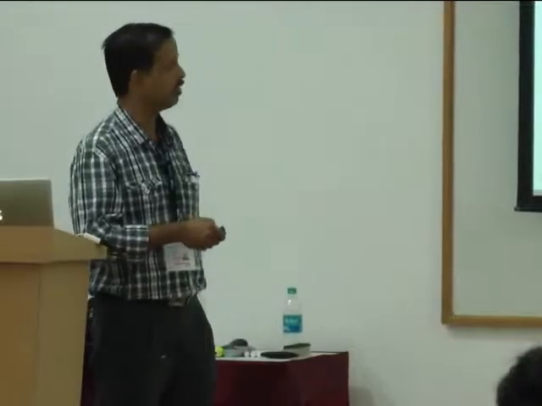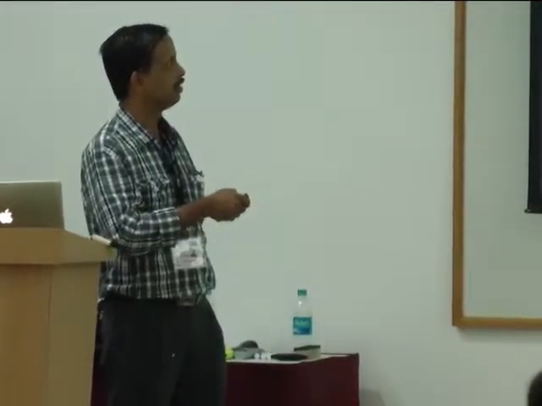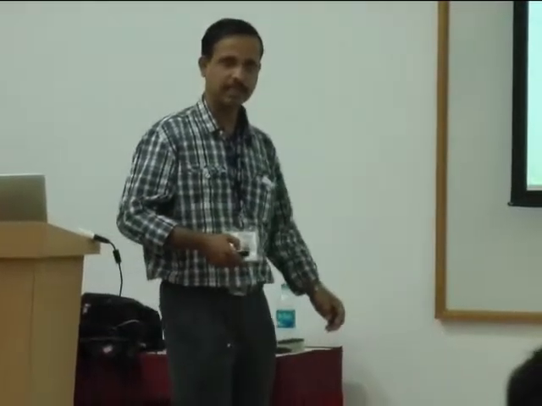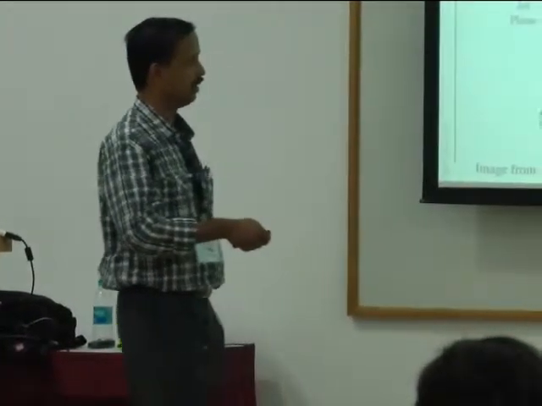So we have keywords. You are given a new image, and we are interested in predicting the labels or annotations corresponding to this image. And how do we do that? We look at similar images. So the basic assumption is that similar images share common labels.